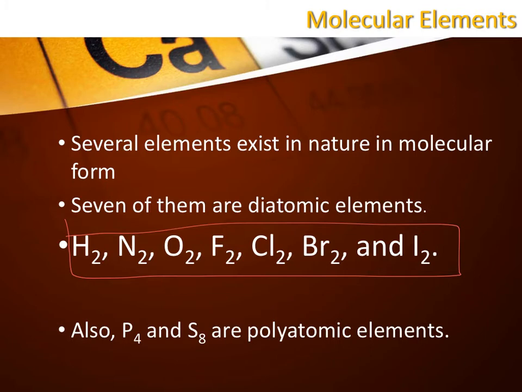This is a little bit obscure, but just so you aren't quite as startled if you see it in a chemical reaction, phosphorus actually in nature exists with 4 phosphorus atoms bonded together and sulfur with 8. So in high school, you may have had a way to remember these 7 diatomics. I think a common way I've heard is this funky name, Hofbrinkel.